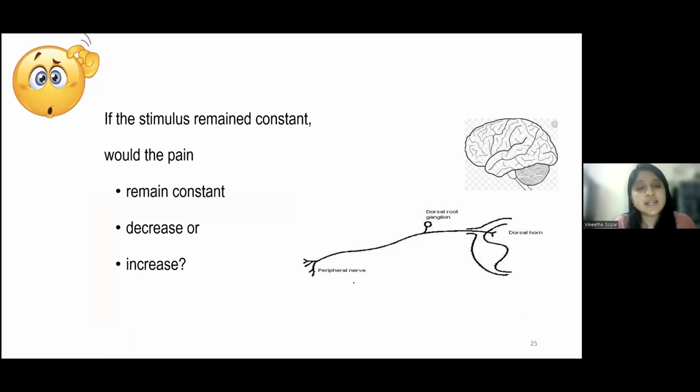So my question is, if the stimulus remained constant, that is any stimulus which is causing pain, if the stimulus remained constant over time, what happens to the pain? Does it remain constant, decrease, or increase? Anybody?